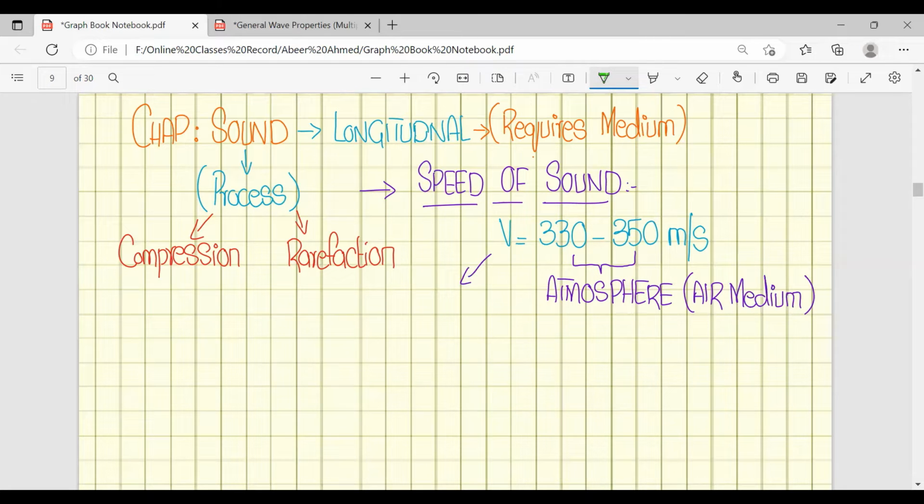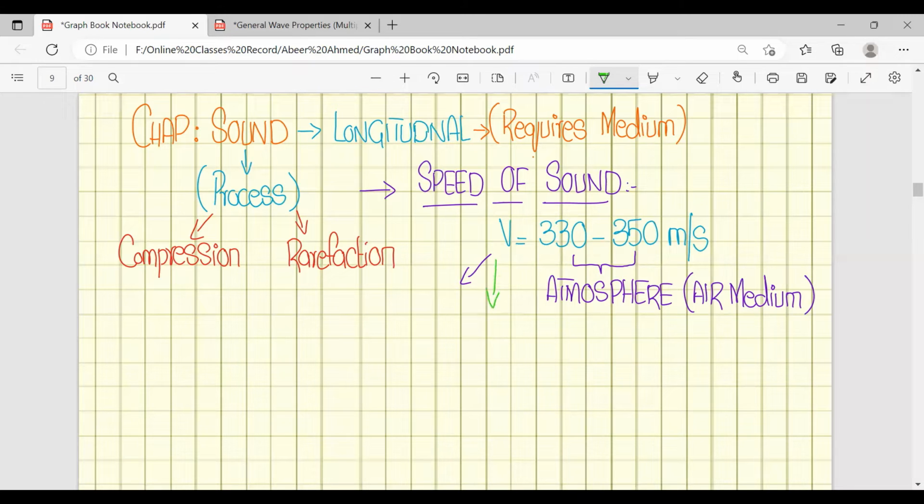Let's suppose we discuss the example of boiling water. When we start boiling water, water molecules gain energy, right? And then bubbles form in the water, which shows that water molecules are gaining energy, right?